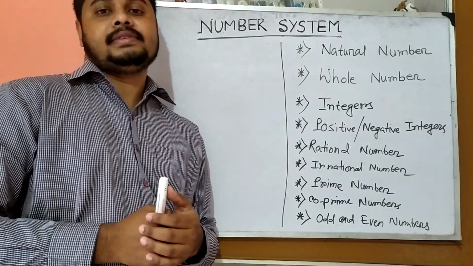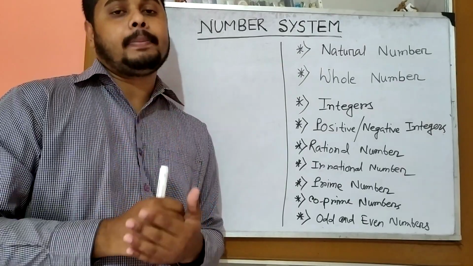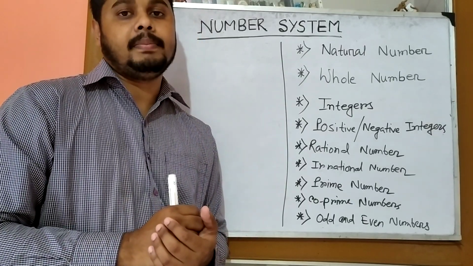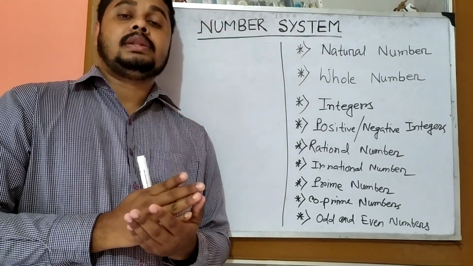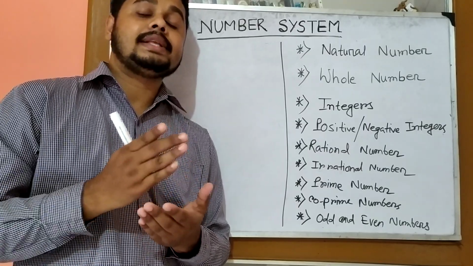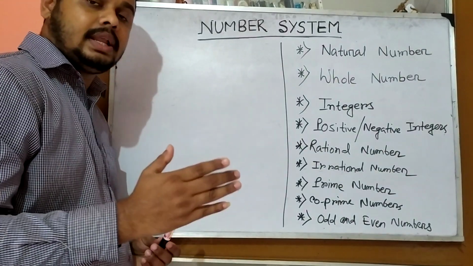Natural number means the numbers used for counting purposes. All the counting numbers we use are called natural numbers.